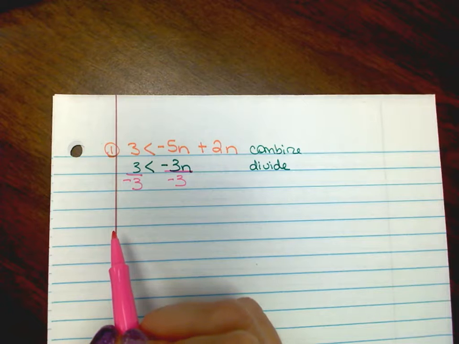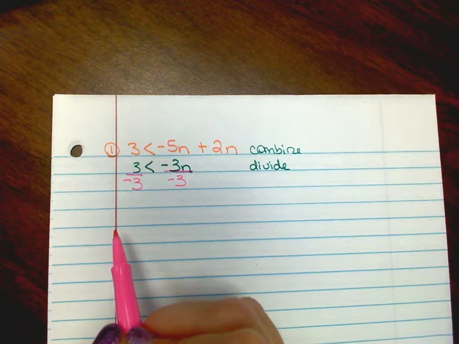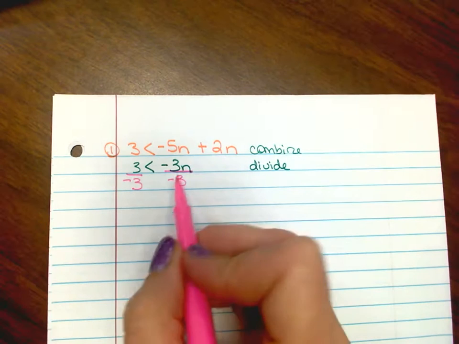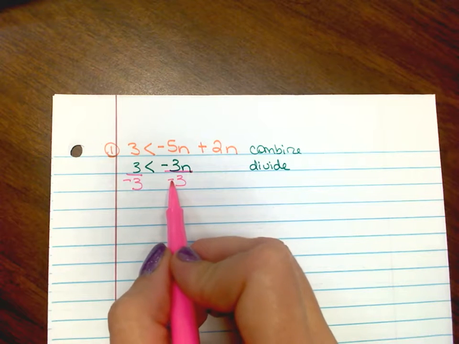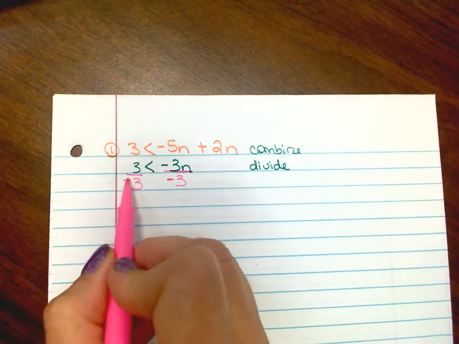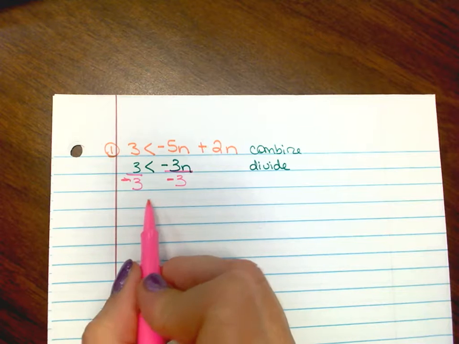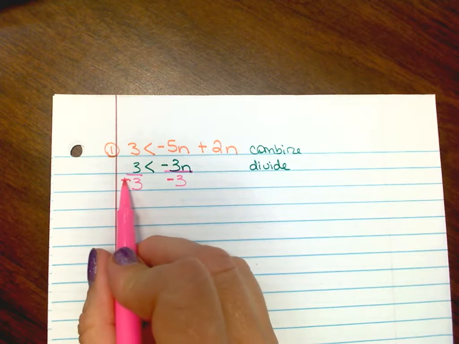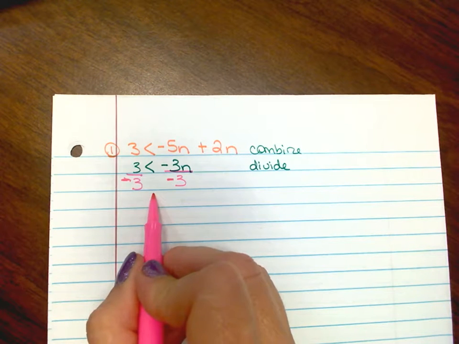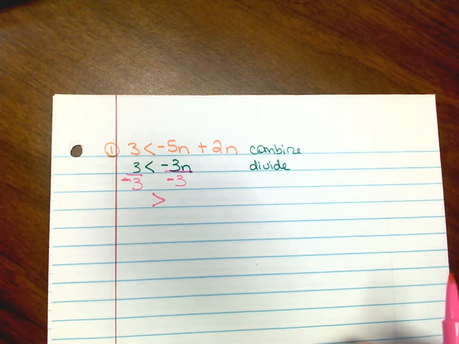Remember from part 1 of integers that there's a rule when you multiply or divide with a negative: the sign switches. You have to remember that. So I've divided by a negative, and I'm going to switch my sign, flip it.